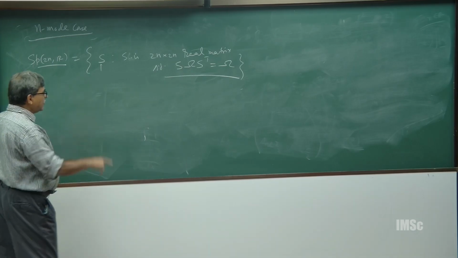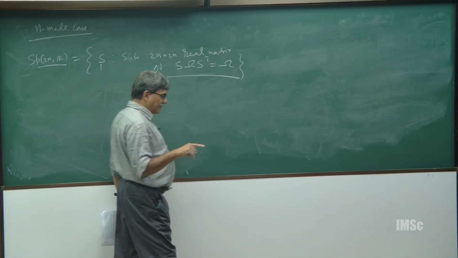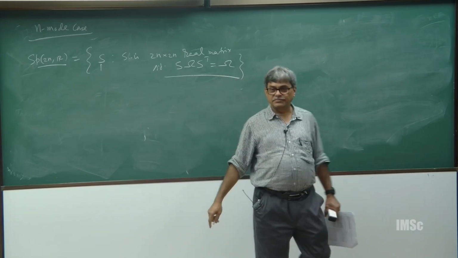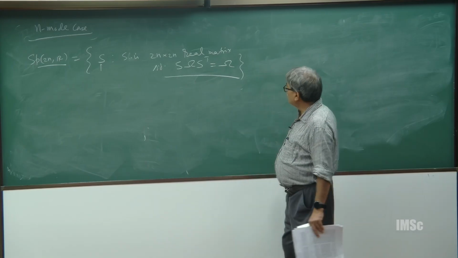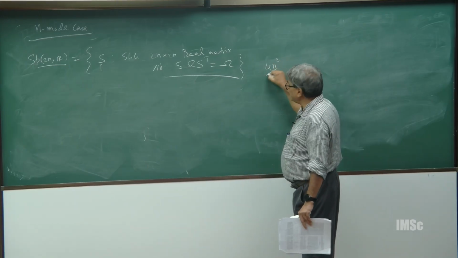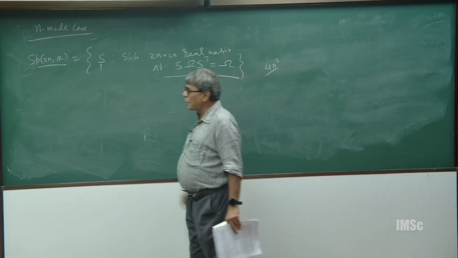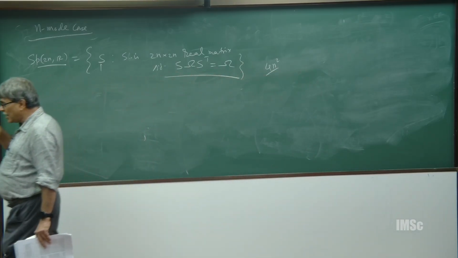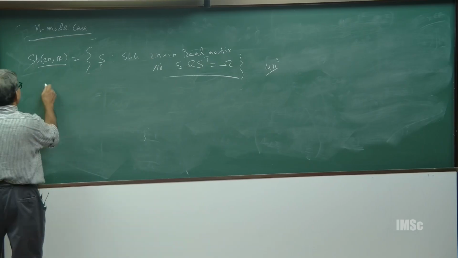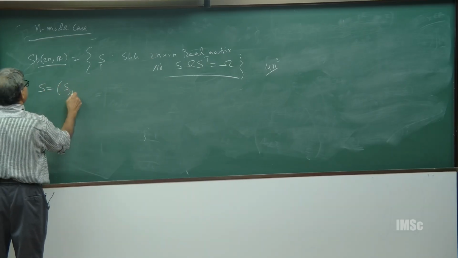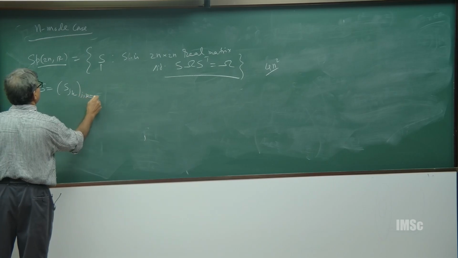So this is a matrix which has how many entries? 4n squared, because it is a 2n by 2n real matrix. So 4n squared real entries are there. Now how many of them are independent? Let us say S is equal to S_jk, with j and k from 1 to 2n.